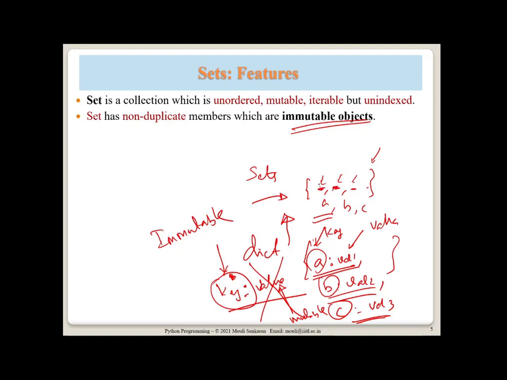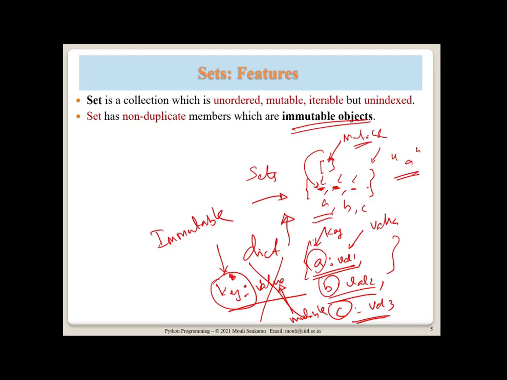Now then you will know that you cannot have a list as a key, because the list is a mutable object. Now can I have a string as a key? Yes, you can, because a string is not mutable. So you can have a string as a key but not a list.